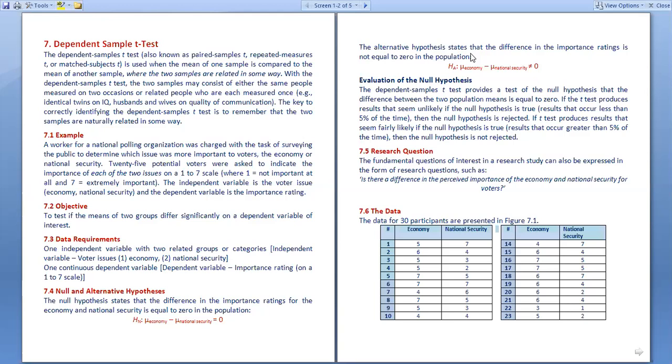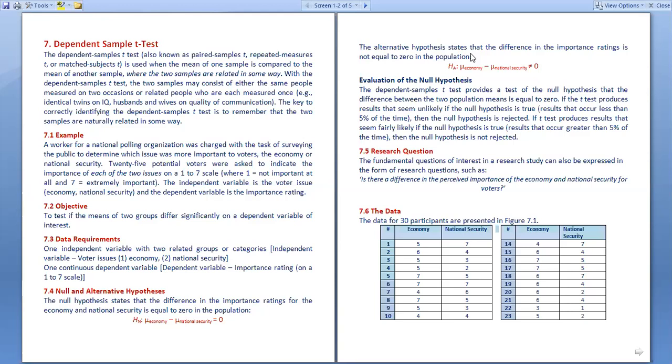Now we have the hypotheses. The null hypothesis states that the difference in the importance rating for economy and national security is equal to 0 in the population. This means the null hypothesis is: mean economy minus mean national security is 0.